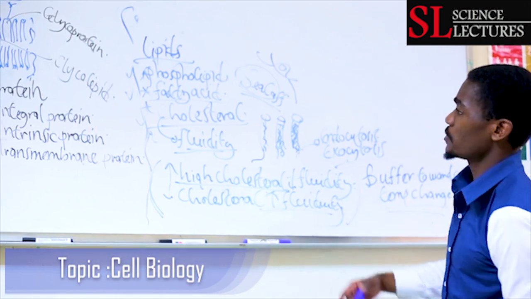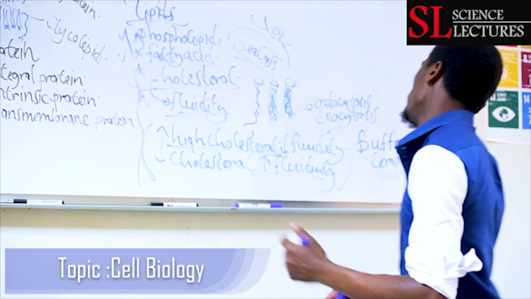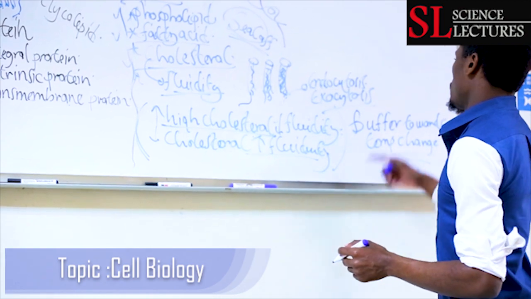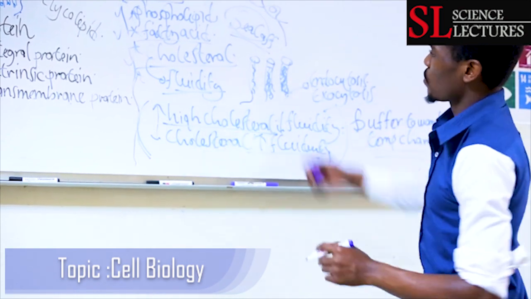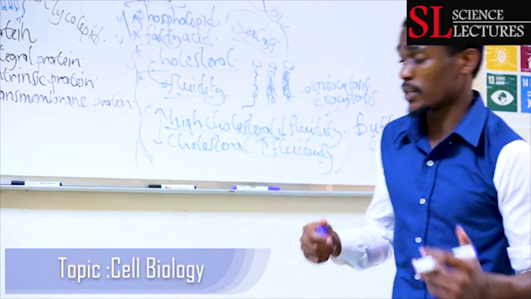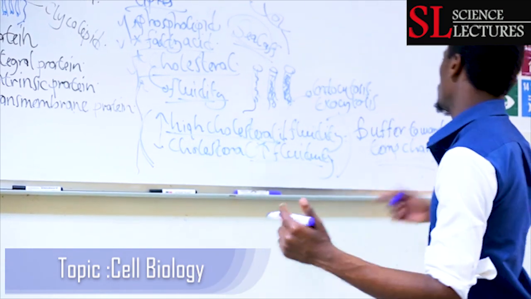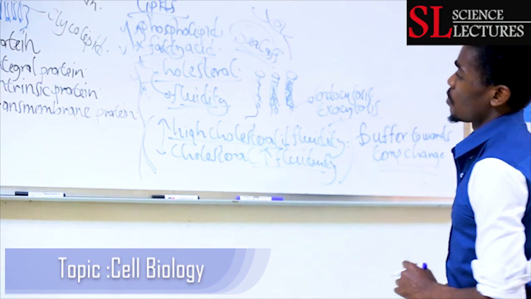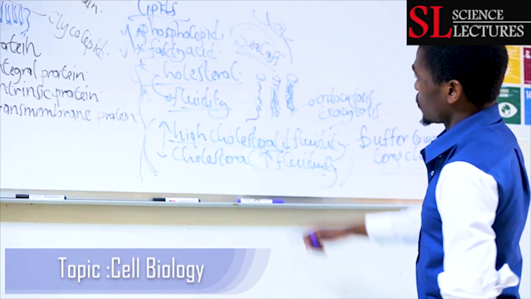But due to the presence of cholesterol, it works as a buffer in maintaining the temperature within the cell. If it were not present, maybe the cells would easily freeze, the cells would easily burn out. So that is how cholesterol can be very important.